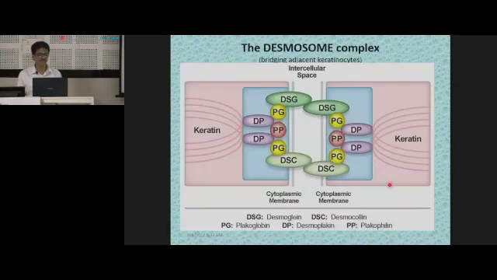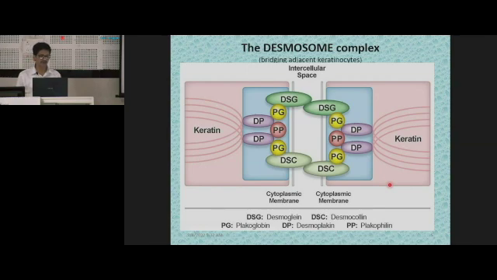Now for this, we have to start with the desmosome complex. It has a certain structure: between the keratinocytes you have the desmosome, and it is composed of many proteins. Desmogleins are the ones for which antibodies are produced, and in certain cases desmocollins also have antibodies produced against them.